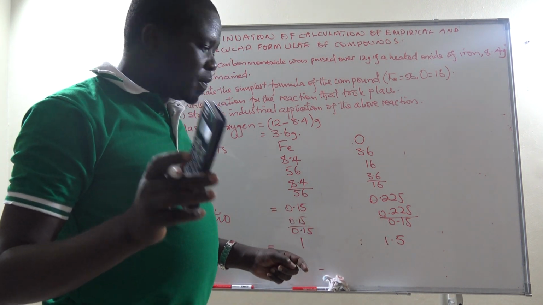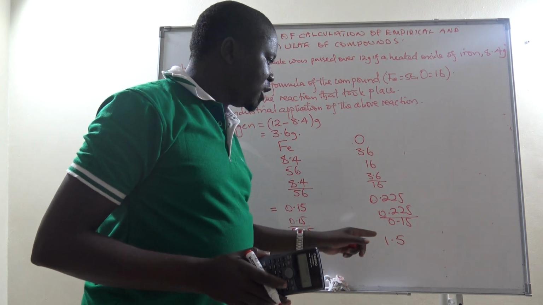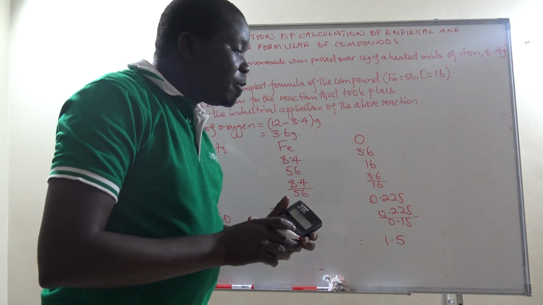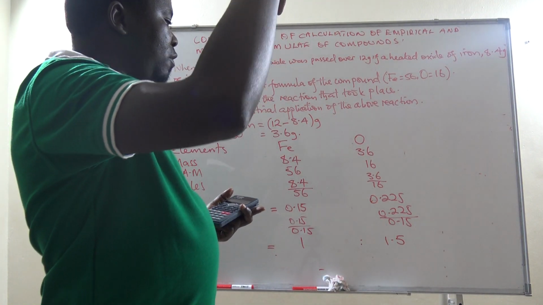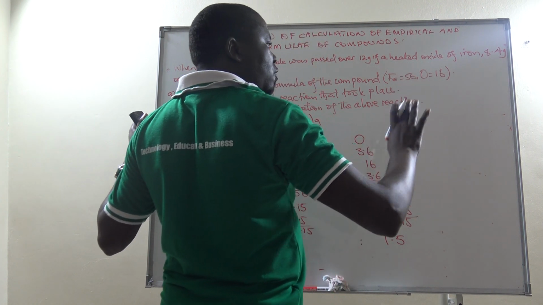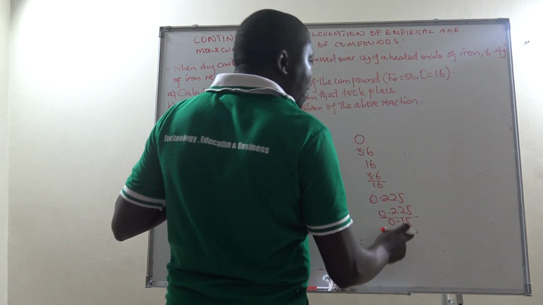So what do we do? We make sure that it is to 1 decimal place, if it is not to 1 decimal place. In this case, 1.5 is to 1 decimal place. We are only going to convert it now to a fraction. Using our method as we saw, we shall do it as a side work. So it is 1.5.